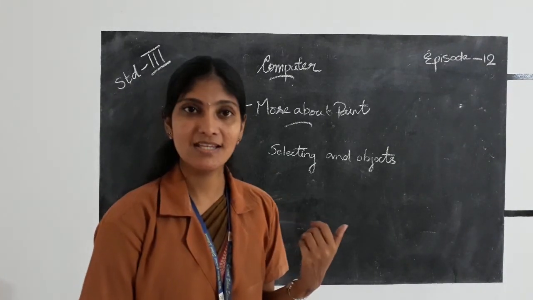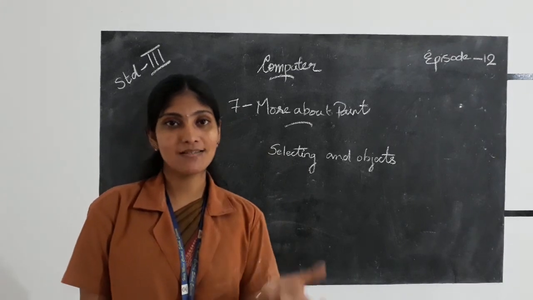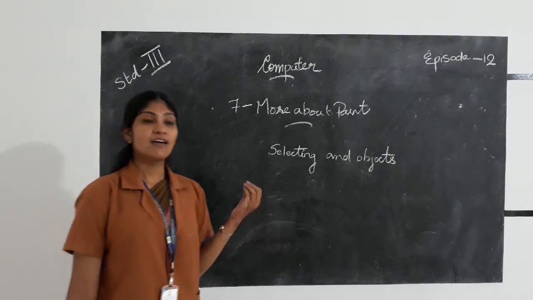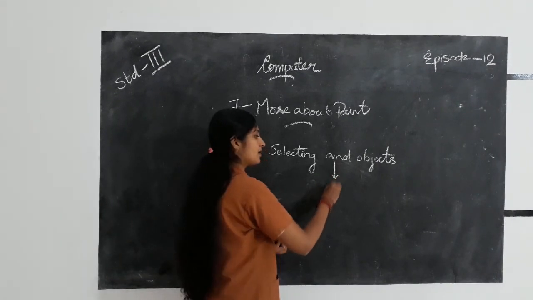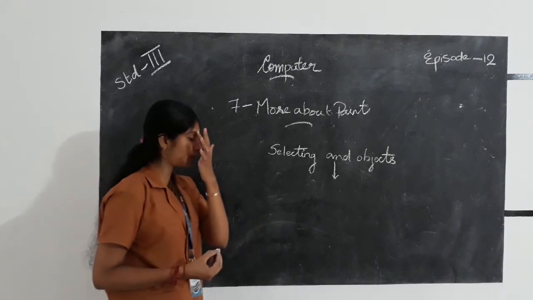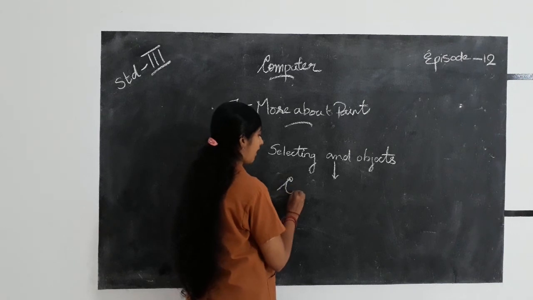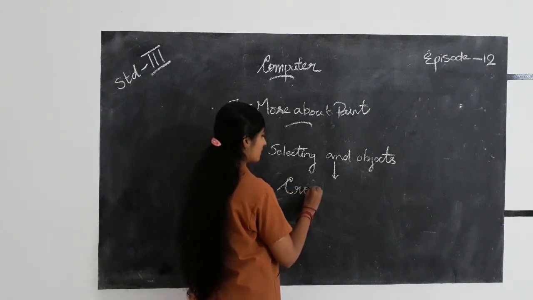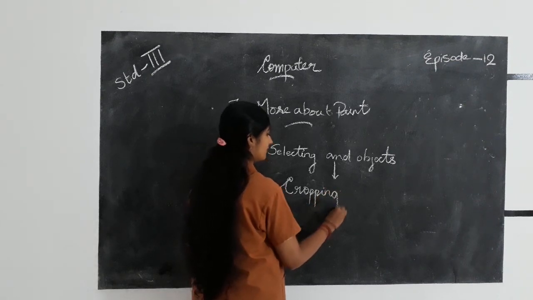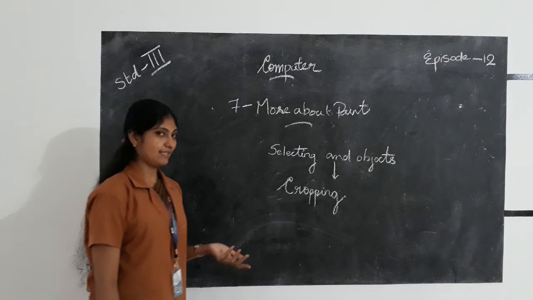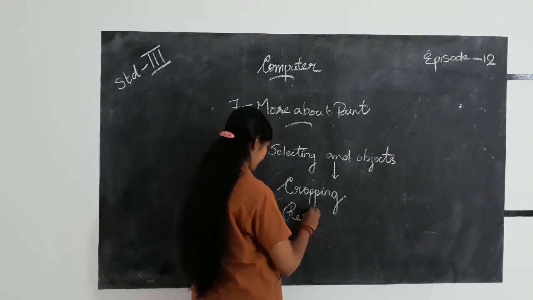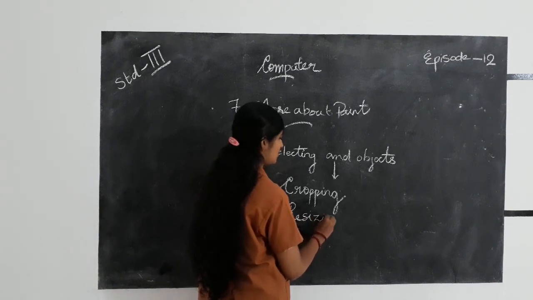Selection means we have to select the picture which is drawn in Paint. Editing means we can edit the picture using cropping, C-R-O-P-P-I-N-G. Then resizing, R-E-S-I-Z-I-N-G.